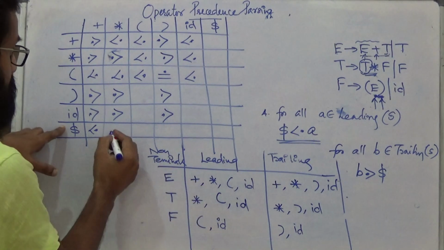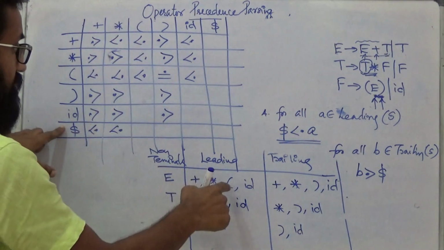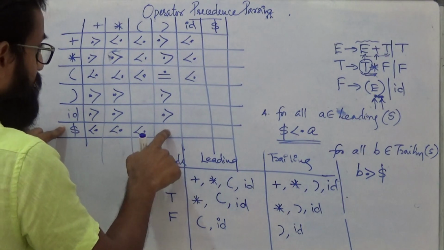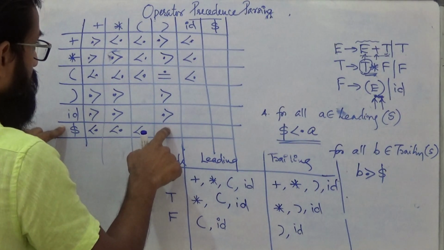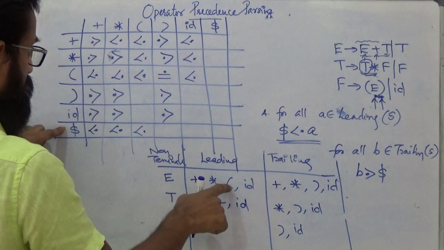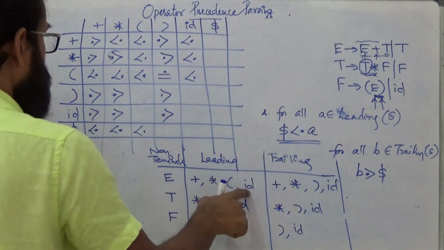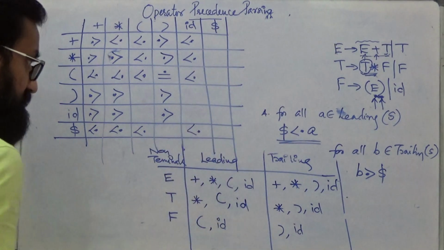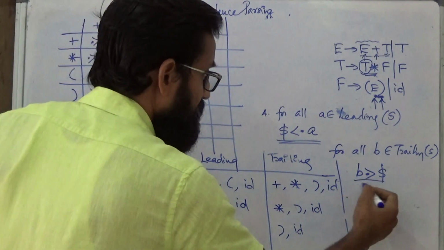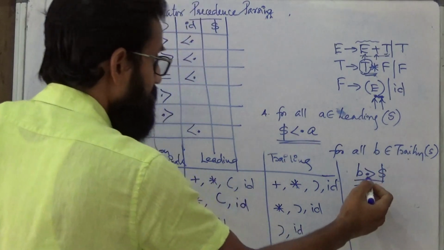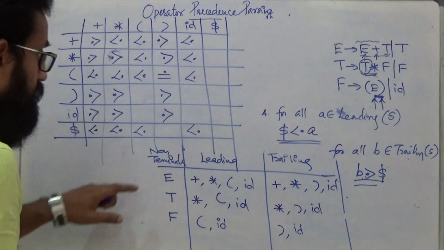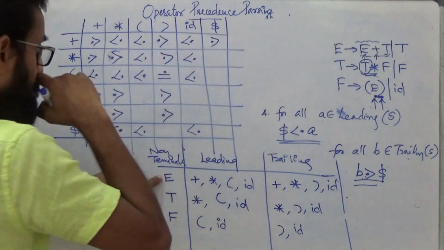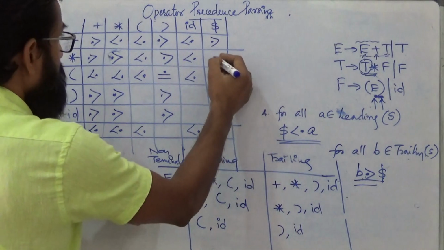So plus, star, dollar opening parenthesis, dollar ID is having lesser precedence. Similarly, everything in trailing of S will be having greater precedence as compared to dollar. What about trailing of the starting symbol? That is plus. So plus is having greater precedence as compared to dollar. Star is having greater precedence as compared to dollar.